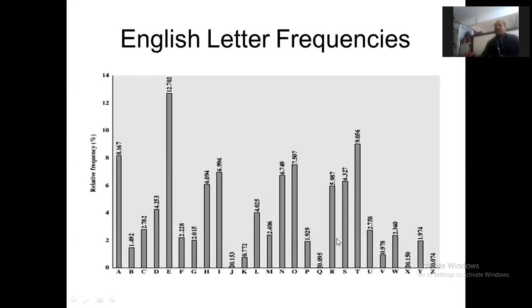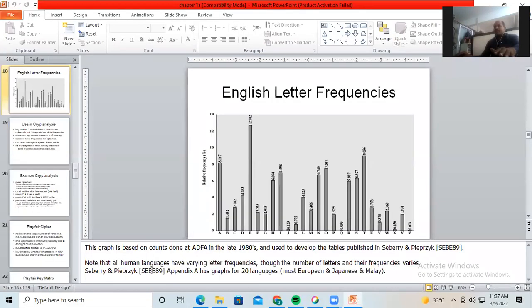This is the graph of the English letter frequencies. Horizontally we present the letters from A, B, C, D up to Z, and this is the relative frequency of occurrence in English literature. E has the highest occurrence, 12.702. After that we have T, then O, I. This diagram is very important.